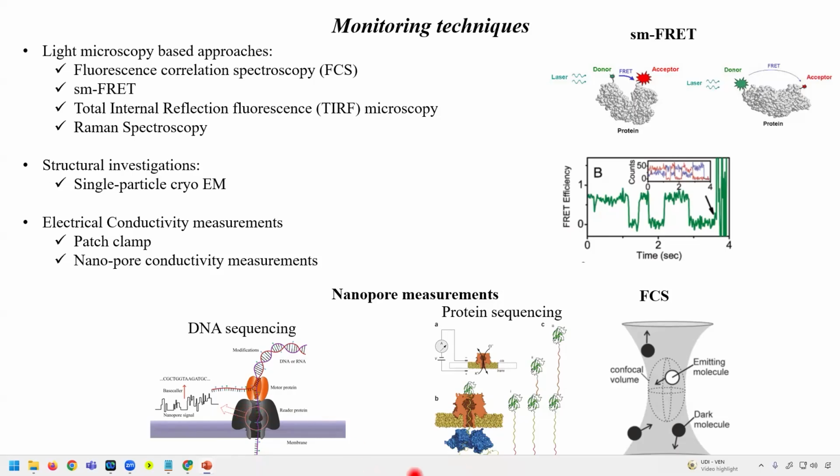What we talked about before were all fluorescence, but in this case, what we are monitoring is conductivity. So each base will have different conductivity, and depending on the current that you observe, you can say whether it is A or T or G or C, and by doing that continuously, you can determine the entire sequence of your DNA.